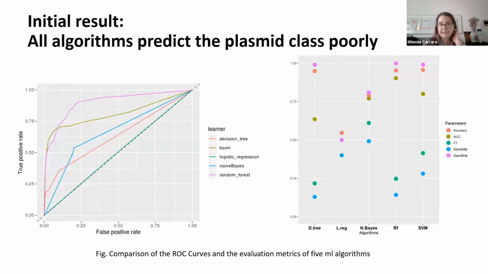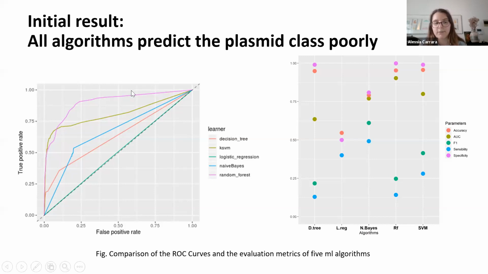So this is the first result. And here we can observe that all the algorithms actually predicted the plasmid class poorly. If we look at the graph on the left side, which collects together the ROC curves, we can observe that an ideal curve should identify an area equal to 1.